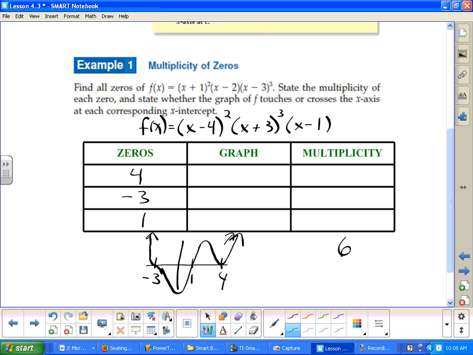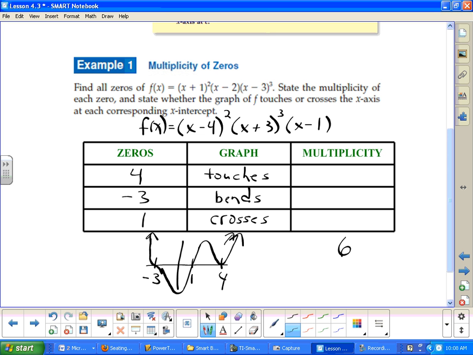So that's basically what my graph looks like without any y-intercept. So the graph at 4 touches. At negative 3, it bends. And at 1, it crosses or goes through, whichever terminology you want to use.